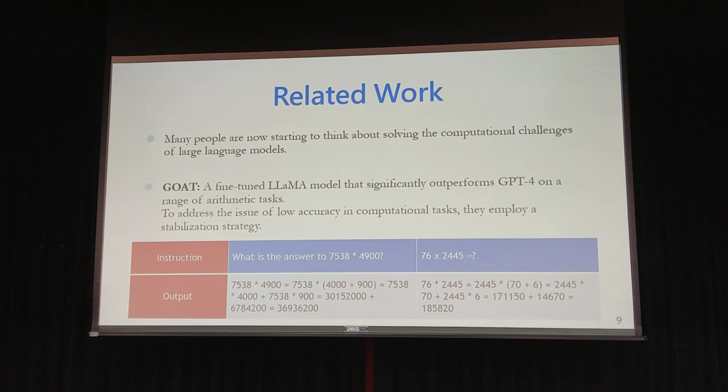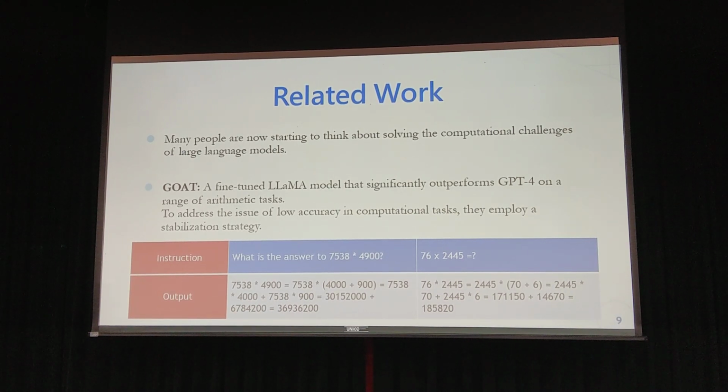So with the rise of the large language model, many people have become adherents in dealing with the challenges of models in mathematical calculation text. Among them, the GOAT model performs better in addressing the accuracy issue in calculation, and below is an example.